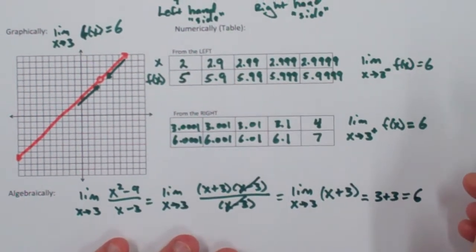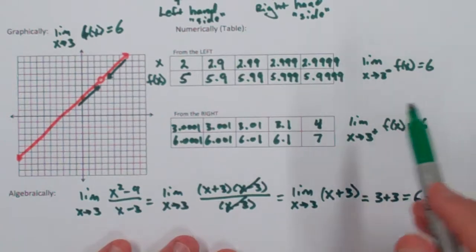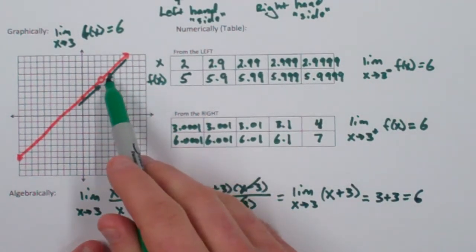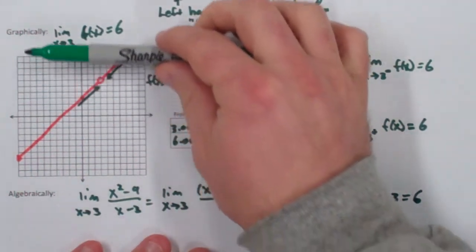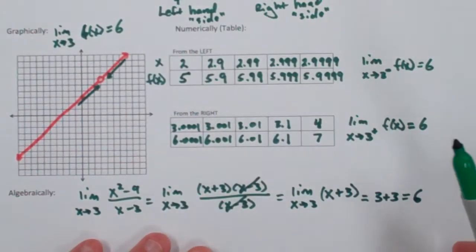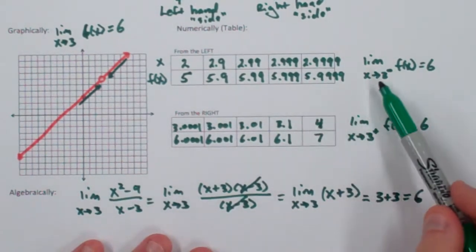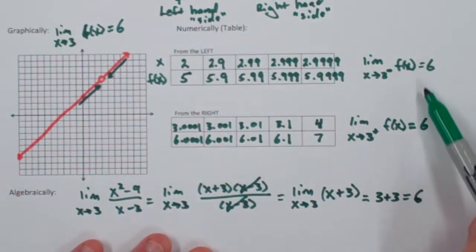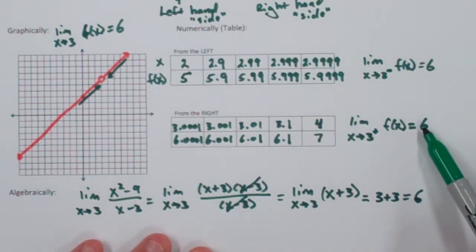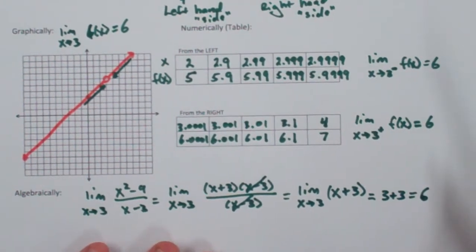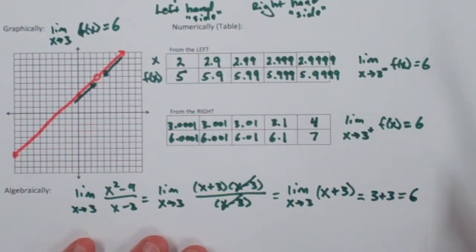So if you take a look at this limit of this function, even though the function isn't defined at 3, graphically speaking, the value of y is approaching 6 from both the left and the right. Numerically speaking, we took a look at that from both the left and the right, and the function seemed like it was approaching 6. And then also algebraically we can show that the function does approach a value of 6.